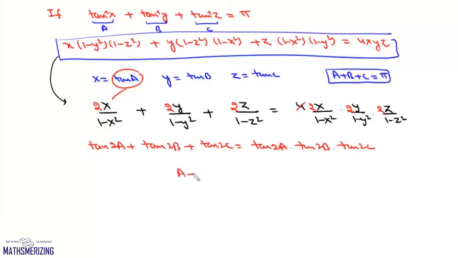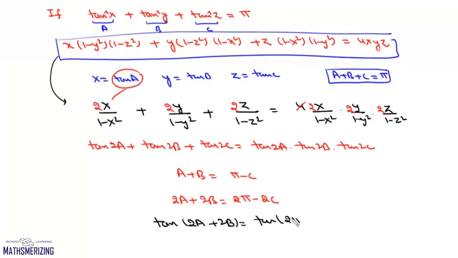We'll write a plus b as pi minus c. We'll multiply by 2. We'll write 2a plus 2b equals 2 pi minus 2c. Now we'll take tan both sides. We'll write tan of 2a plus 2b, and it'll be equal to tan of 2 pi minus 2c.